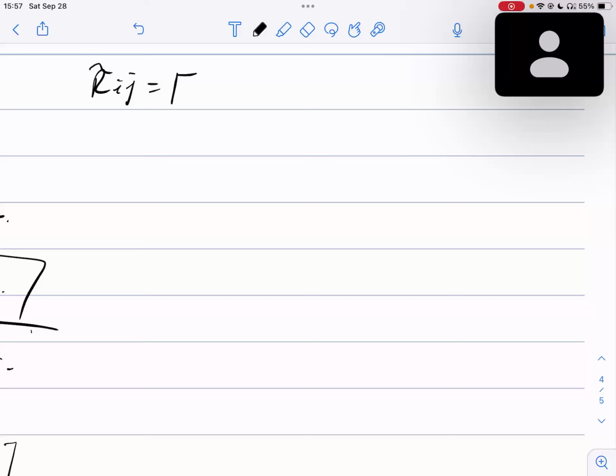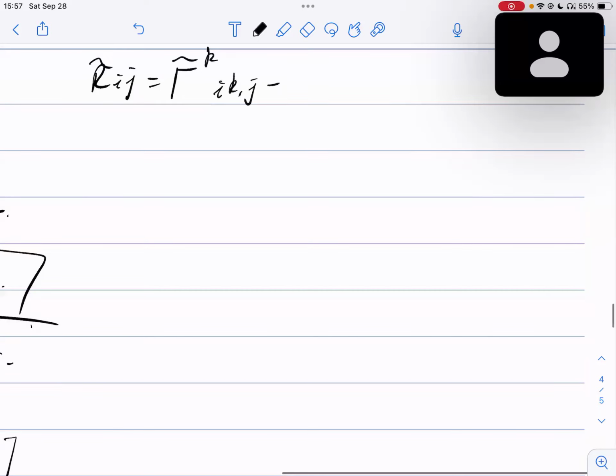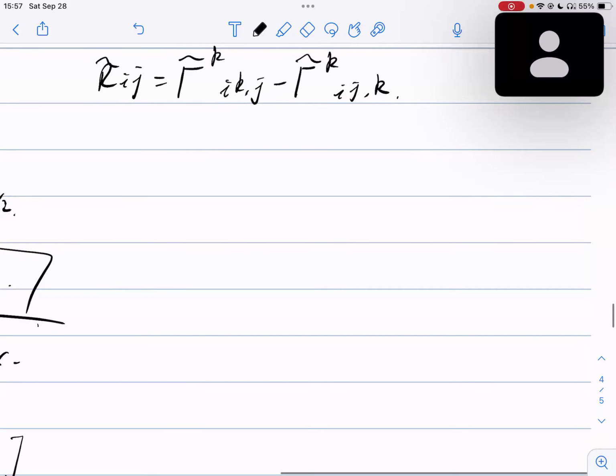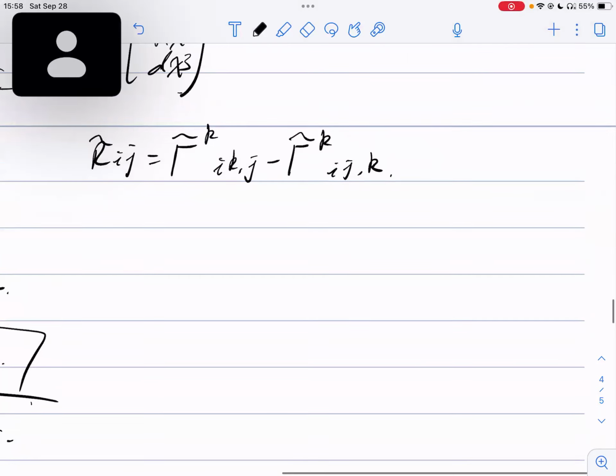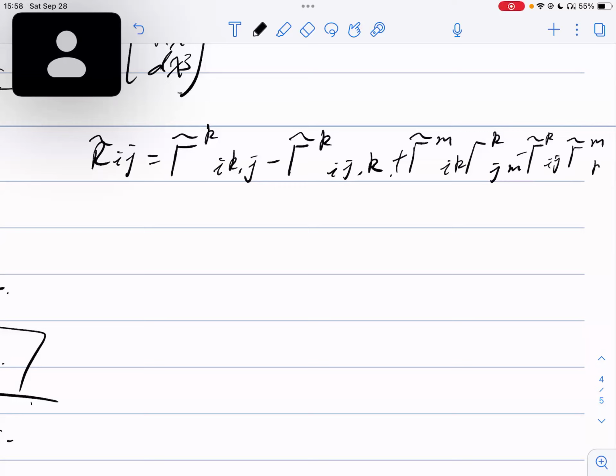Well, it's not the definition, it's just the calculation method for the component of this Ricci tensor, Rij equals gamma tilde mik gamma k jm minus gamma tilde kij gamma tilde mkm.